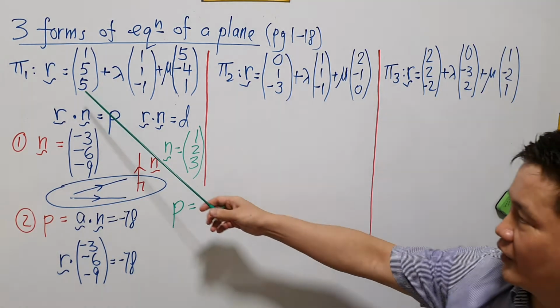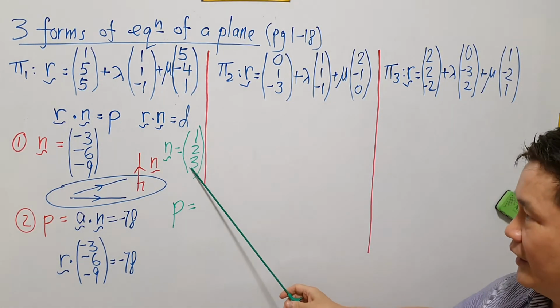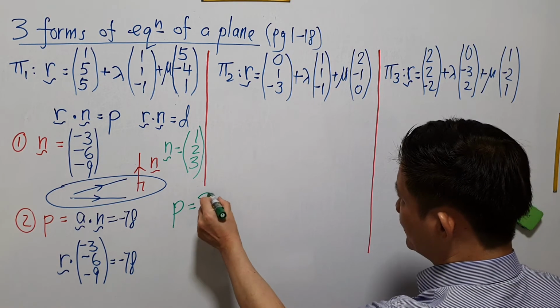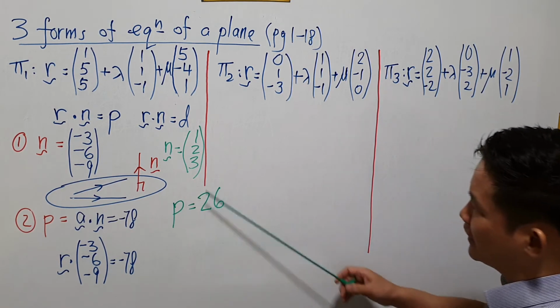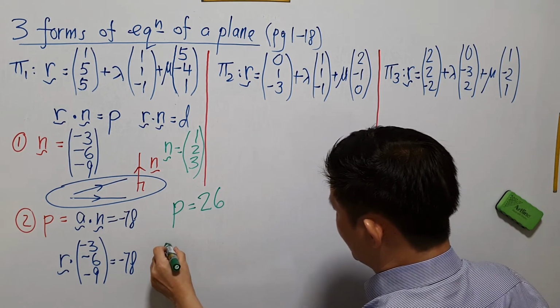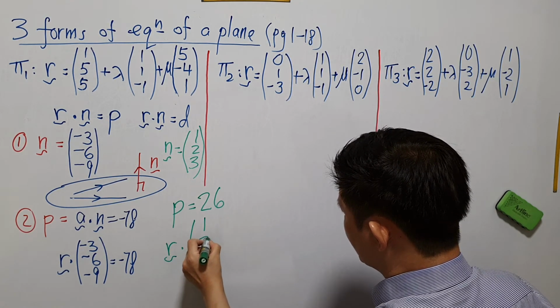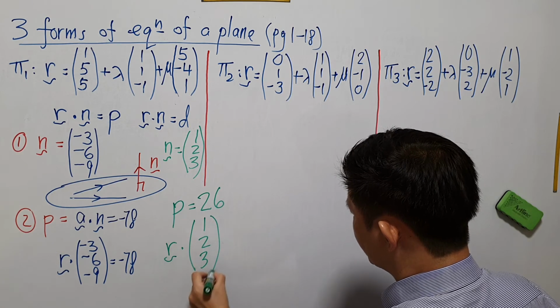You take the point on the plane, the dot product with n, what do you have? You get 1 plus 10 plus 15, so you get 26. So if you have used this green n, then your equation of the plane would look like this: 1, 2, 3.